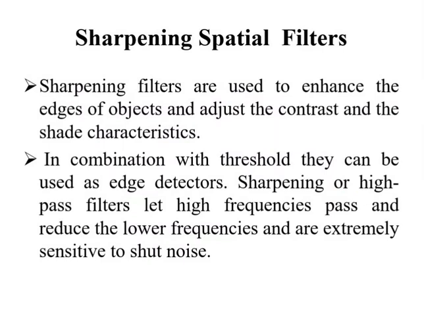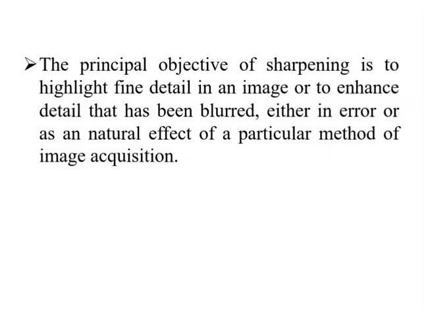To simplify the explanation, we focus attention initially on one-dimensional derivatives. In particular, we are interested in the behavior of these derivatives in areas of constant intensity, at the onset and end of discontinuities, step and ramp discontinuities, and along intensity ramps. As you will see in Chapter 10, these types of discontinuities can be used to model noise points, lines, and edges in an image. The behavior of derivatives during the transition into and out of these image features is also of interest.